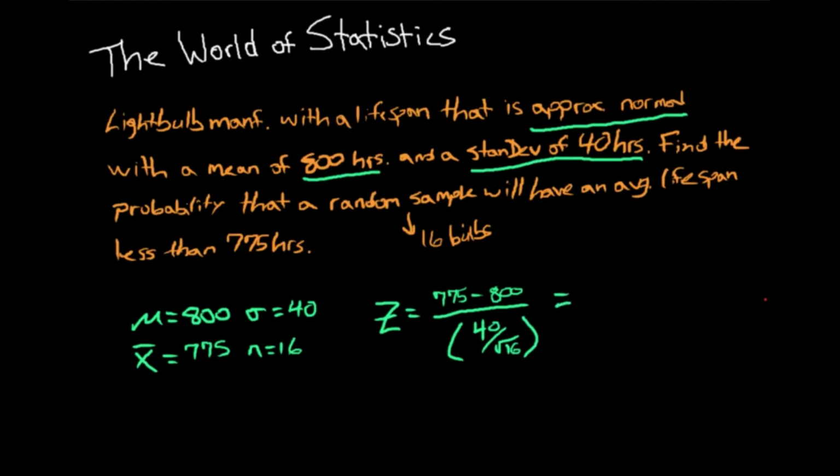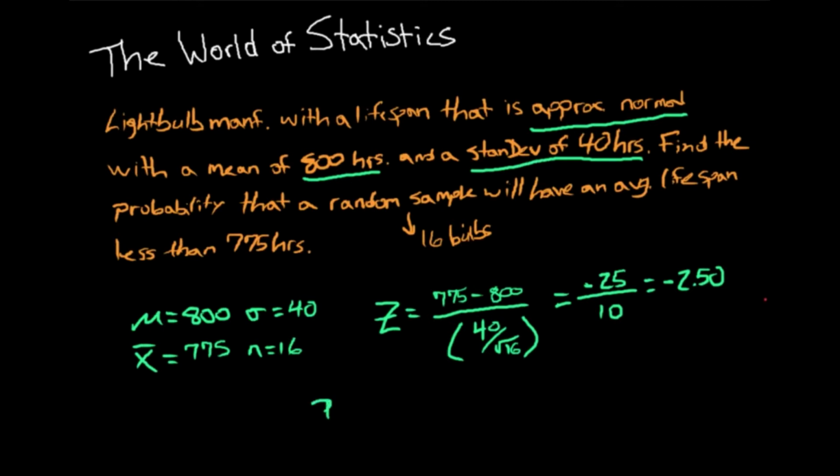Once you do the top and the bottom parts, you get negative 25 divided by 10, which gives us a value of negative 2.50. So then the problem is asking, what's the probability that our average lifespan will be less than 775?